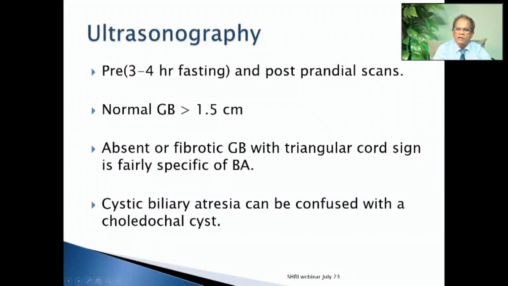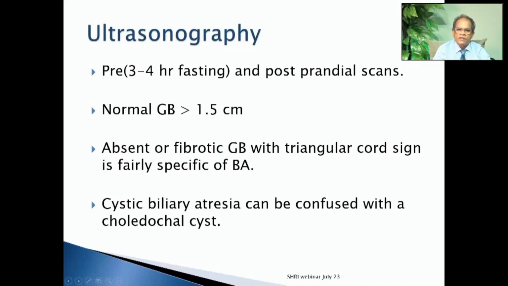Also, the normal gallbladder is greater than 1.5 centimeters in length, and in biliary atresia it is usually fibrotic and very atrophic. Also, an absent or fibrotic gallbladder with a triangular cord sign, which is due to the fibrous bands at the porta hepatis, is very specific for the diagnosis of biliary atresia.